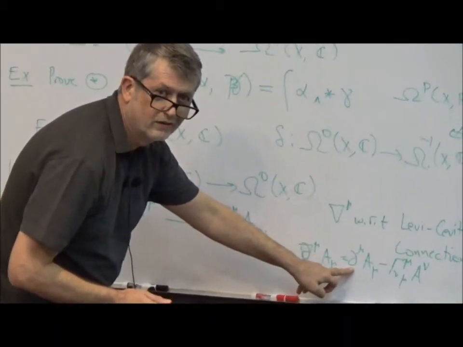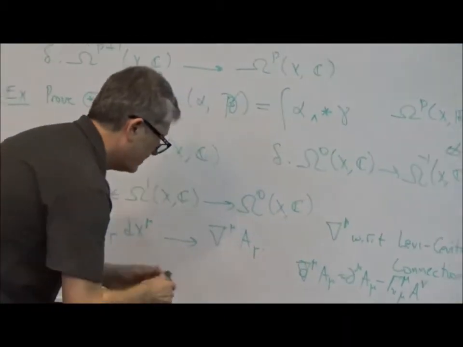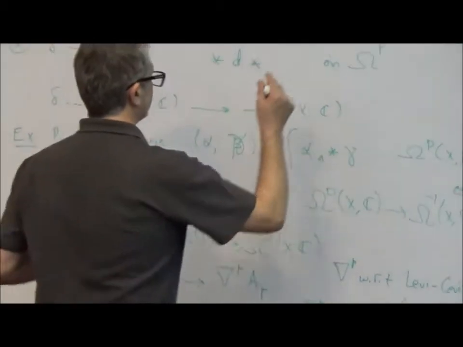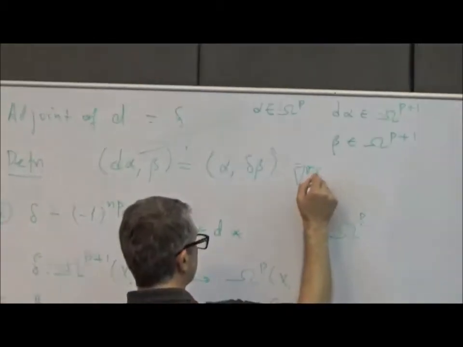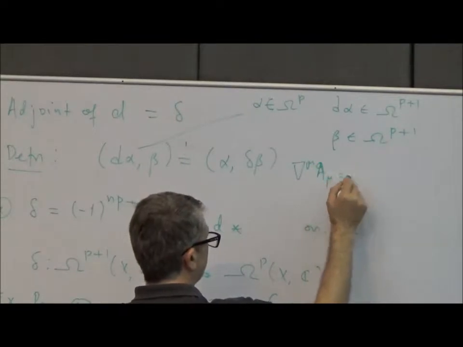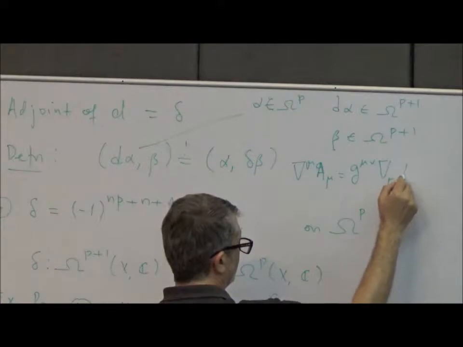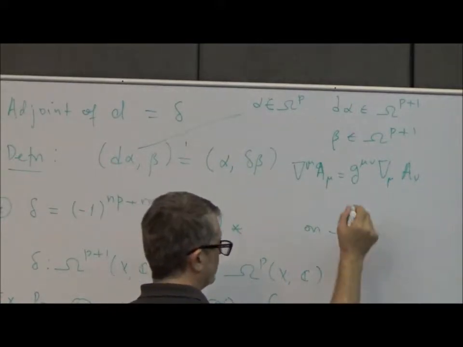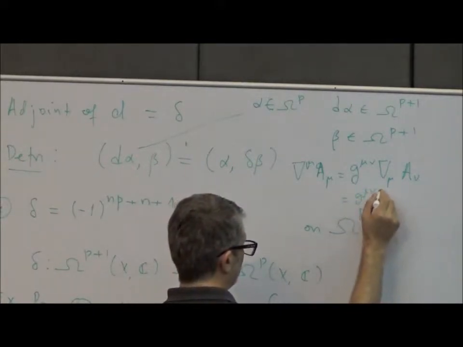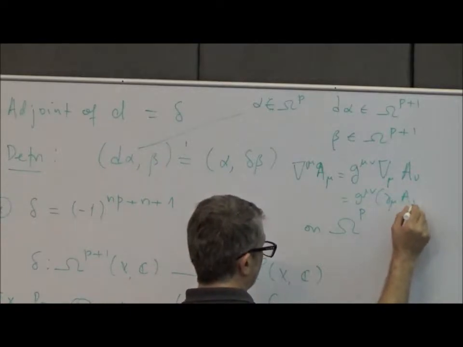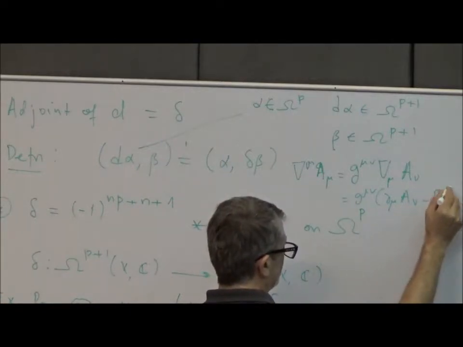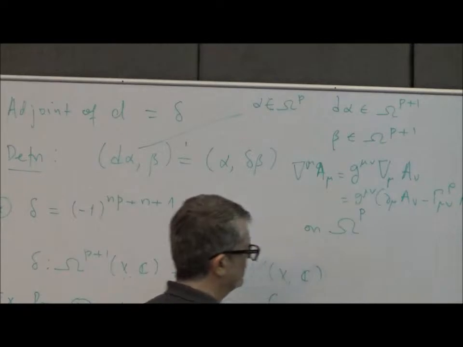It's a partial derivative? Yes. So let me write it in detail. When you write something like D mu A mu, you really mean g mu nu D mu A nu. So what you really mean is g mu nu nabla mu A nu.